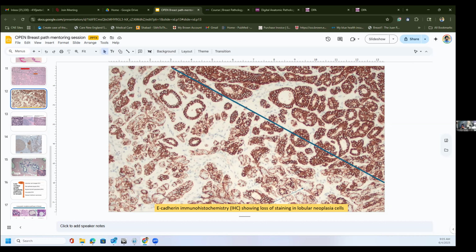You see this artifact sometimes when you don't fix the tissue properly. It's a good point. If you don't fix the tissue in formalin in time, you may see this artifactual loss of protein expression. And that is more relevant when you talk about estrogen receptor, progesterone receptor, and HER2. So those are the biomarkers that we do in breast cancer.